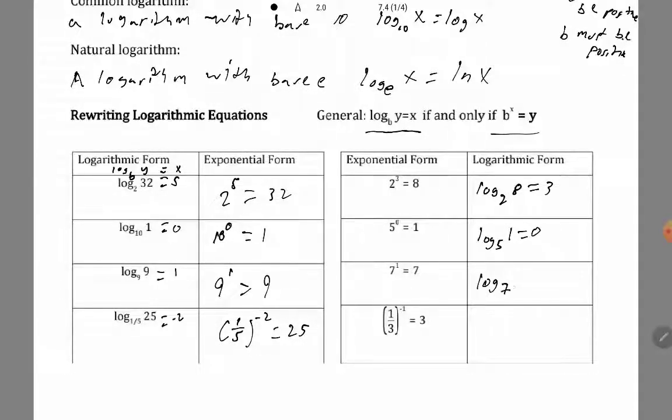So remember, this is b to the x equals y. Log base 7 of 7 is 1. And then this is log base 1/3 of 3 equals negative 1. Alright. Hopefully that's not too difficult. Let's move on to the next page.